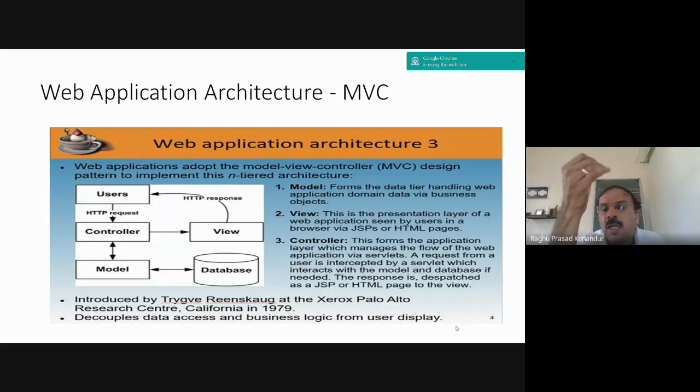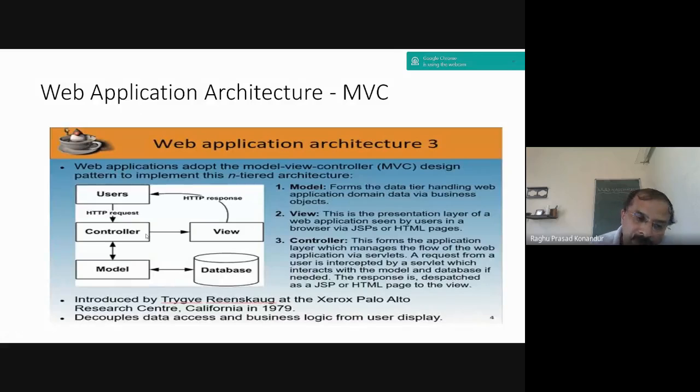The model is nothing but the data. Between them, there is a controller. The controller is like an air traffic controller or a traffic controller. It controls the flow. Similarly, in a web application, suppose you want to register to your application as a user. Your request will come to a controller, like a traffic controller.